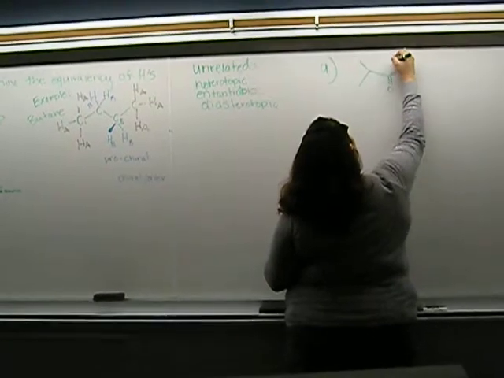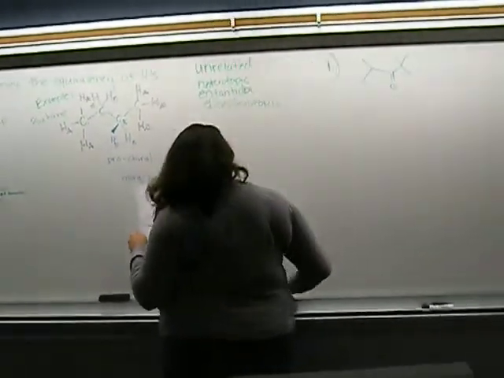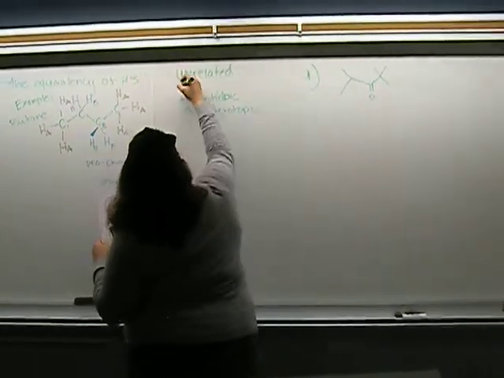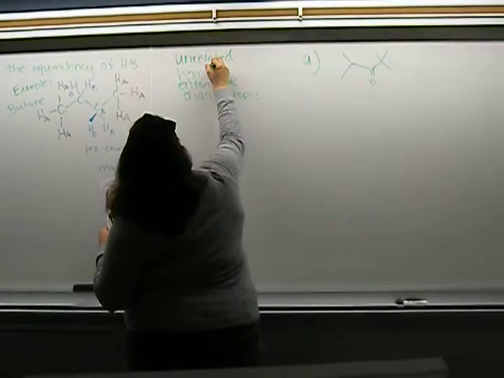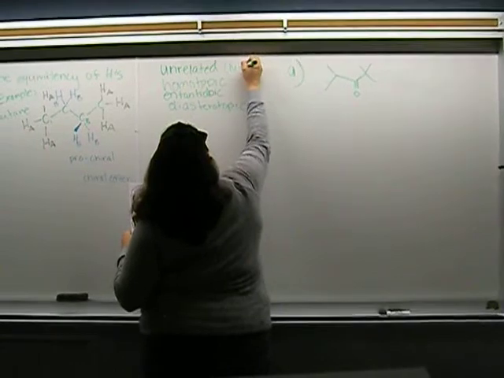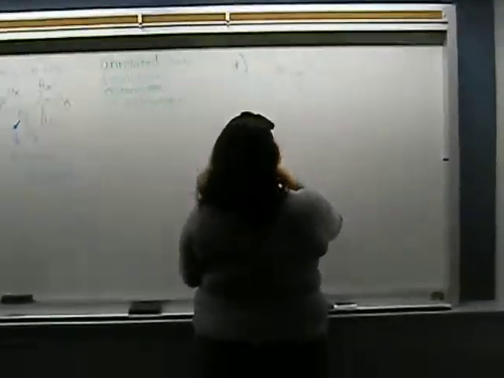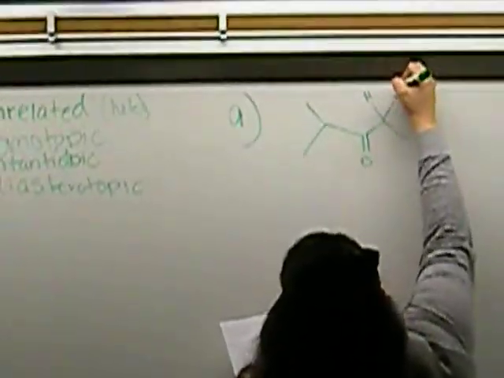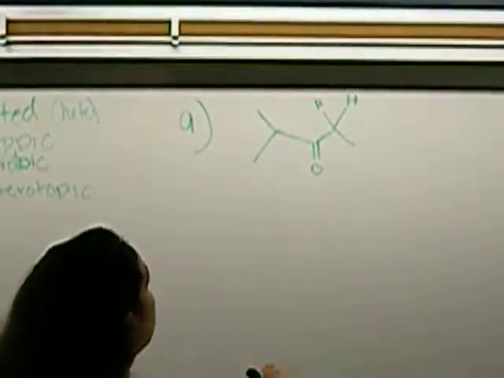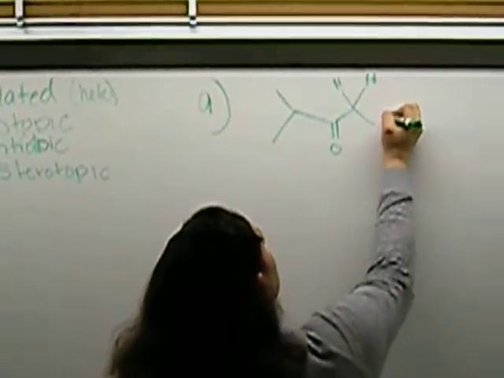Isn't the heterotopic the same as unrelated? Are you looking at homotopic? Right. Thank you very much. Homotopic. Alright. So when looking at these hydrogens, we see that they're bonded to two different things.